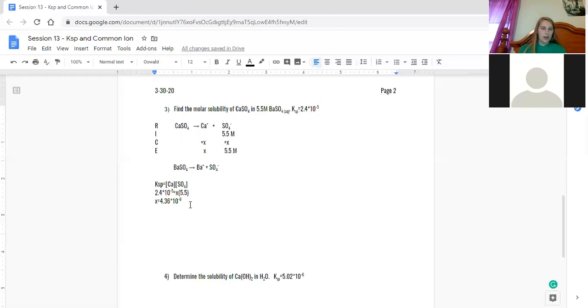So we have our x value for that. So we found what it is for Ca, which will be the same for our CaSO4 over here.